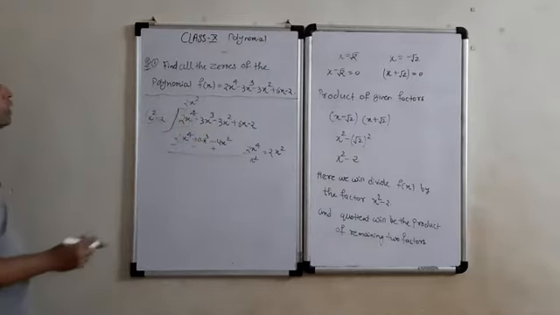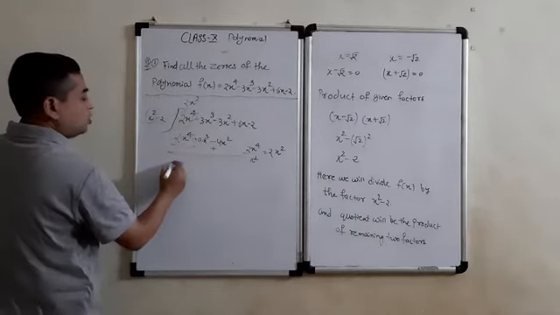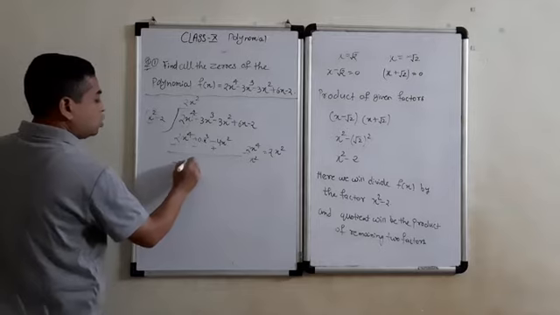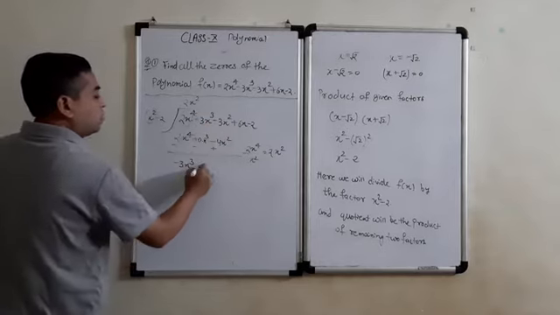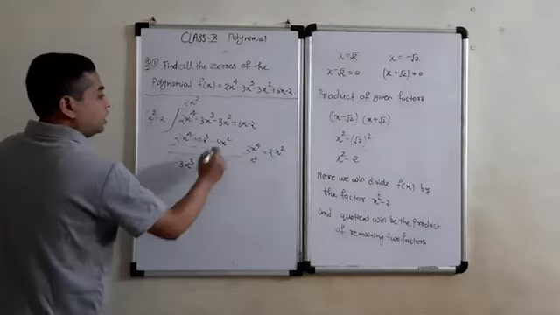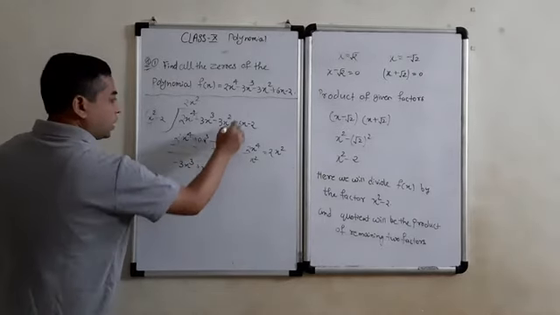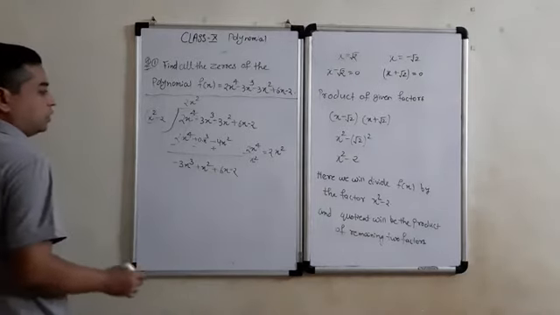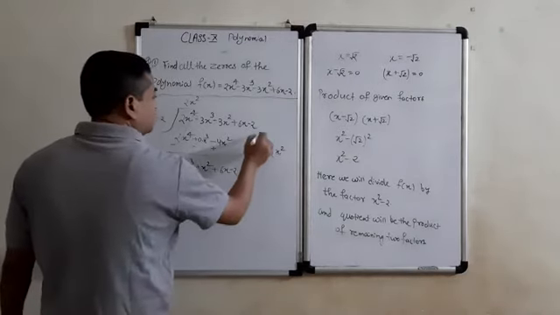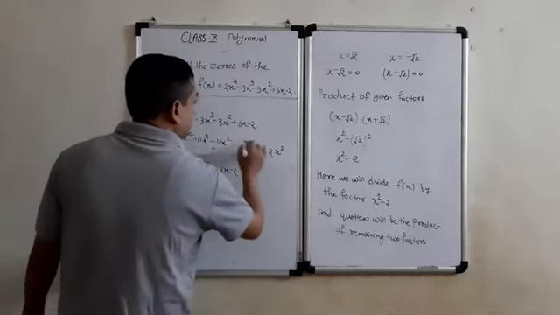So what we will get here is minus 3x cube as it is, then minus 3 and plus 4, so that will be plus x square, and then we write down the remaining term, that is 6x minus 2. Again we will start the division.